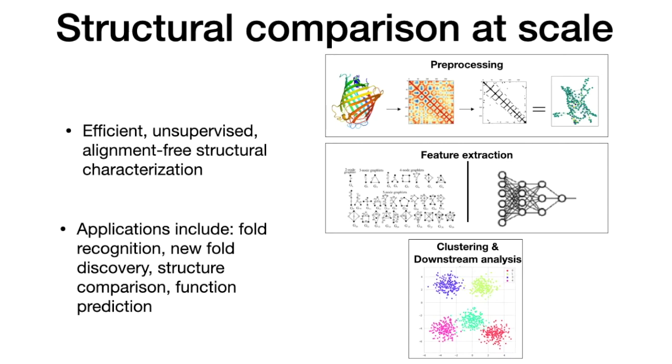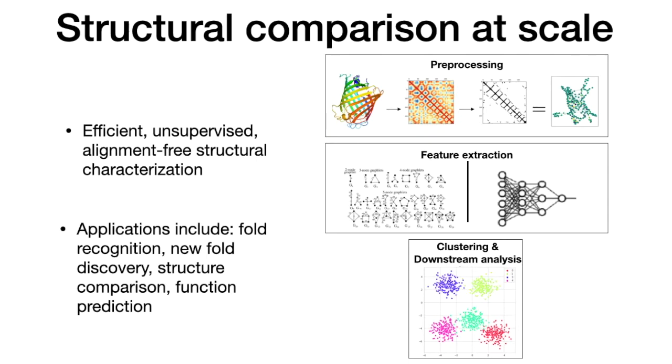In order to do so, several methods have been proposed that, rather than directly computing the similarity between a pair of structures, instead choose to embed the structure into a low-dimensional space in which the distance between two structures reflects their similarity. This is often done by first pre-processing the structure by converting it to its C-alpha contact map at some threshold and extracting meaningful features from the resulting network.